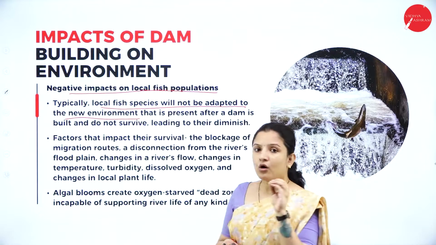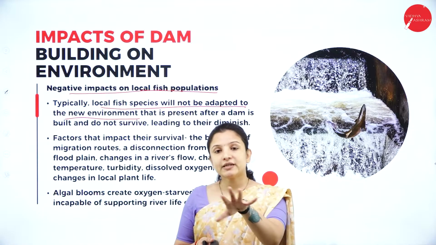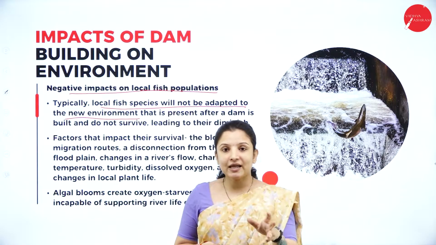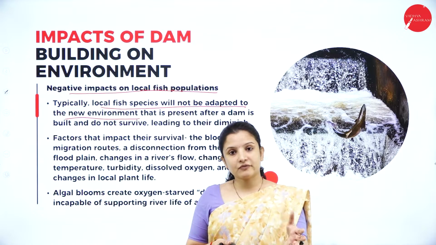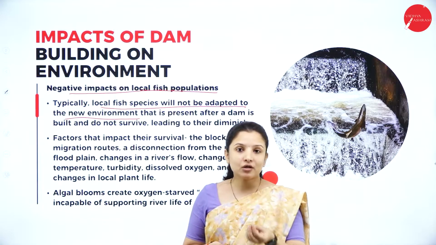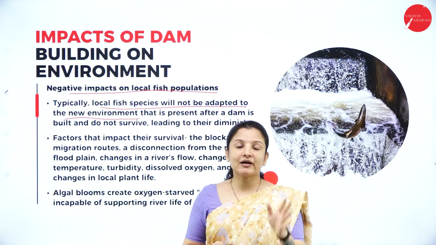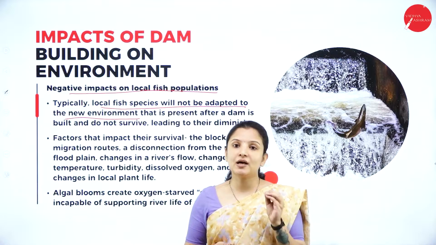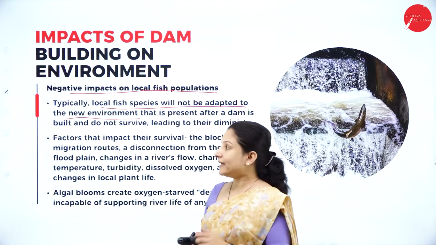So you cannot take a local fish species and put it somewhere in other areas, because they will not survive there. They are meant to survive in their own particular habitat and nowhere else.